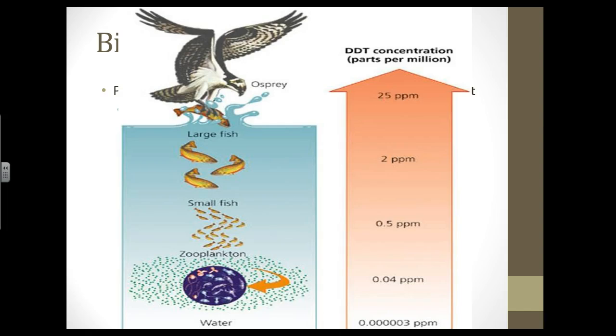But small fish consume a lot of this zooplankton, and larger fish consume several of these smaller fish. Eventually, that osprey ends up with a much higher concentration of DDT or things like mercury.